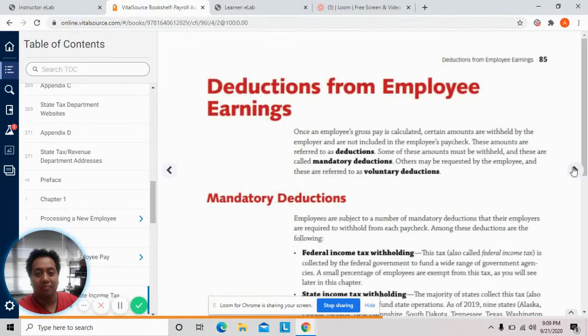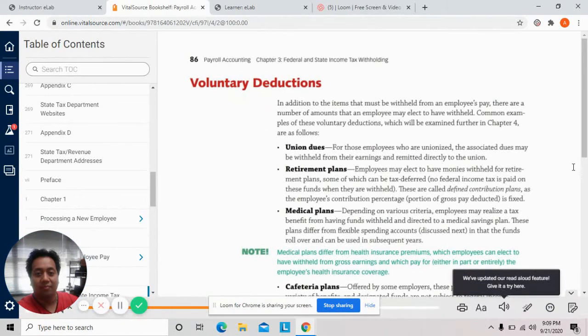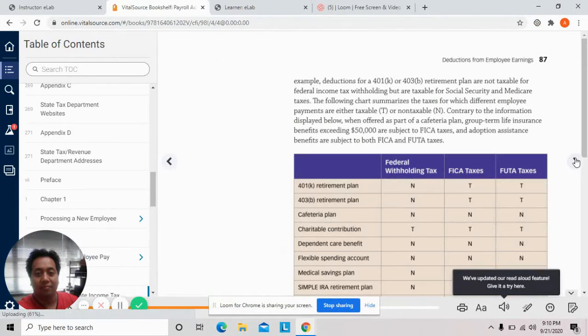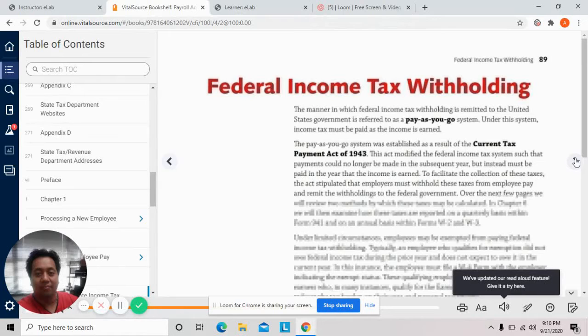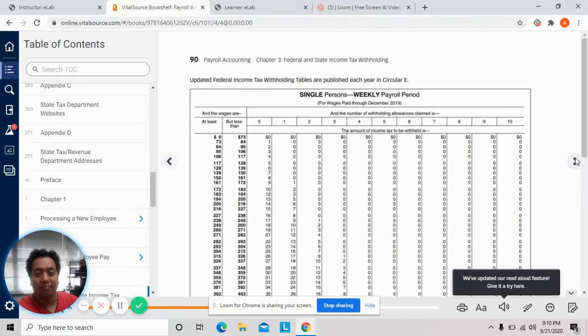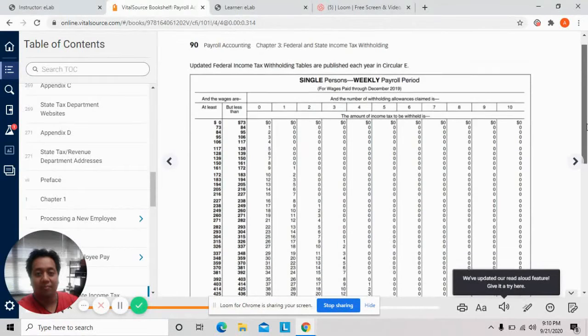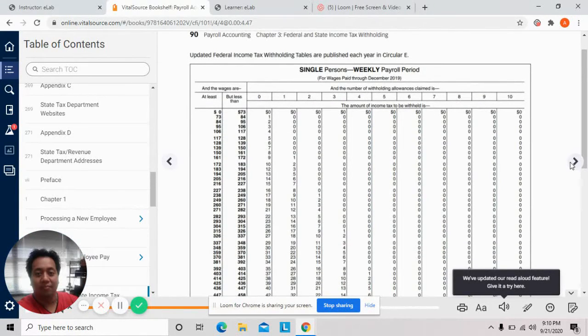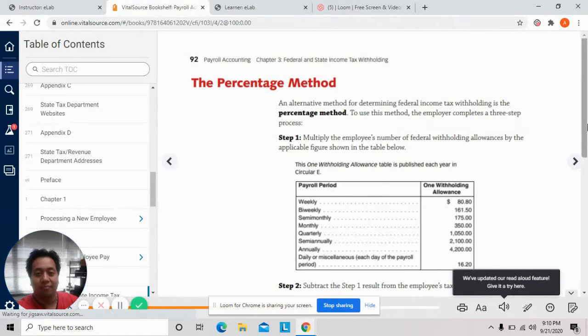So let me see. I'm trying to look for the page. So yes, we're covering federal income tax withholding. This is one of the withholding tables. You can look over the different information bi-weekly.